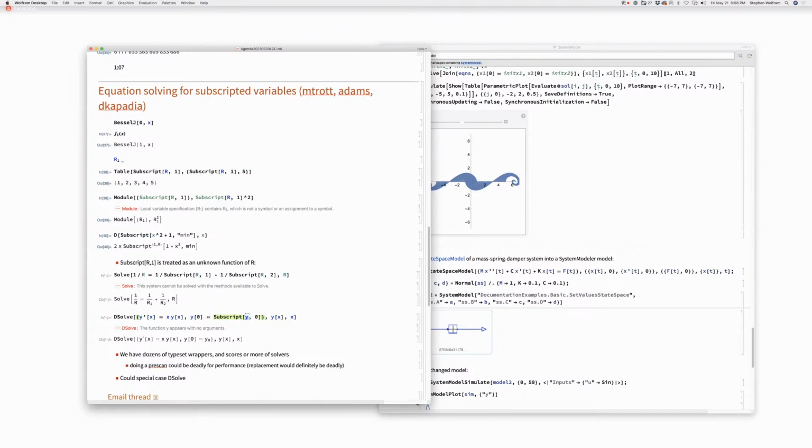I worry about it because I can think of a case, y sub min. Y sub min probably means you don't want it to be a function of min, right? Yeah. Now, y sub s, for some reason, that's less clear to me. Is that a constant or is that a function of s?